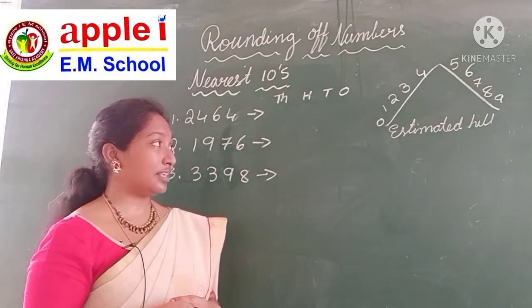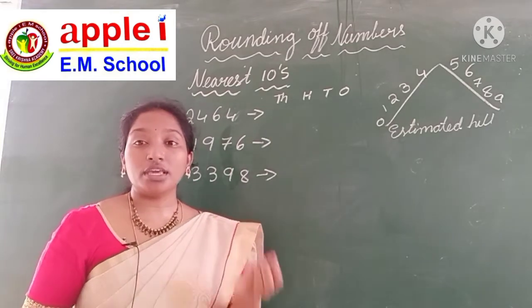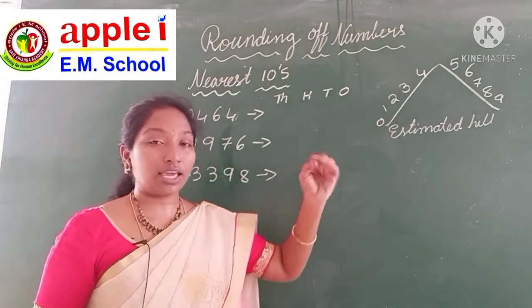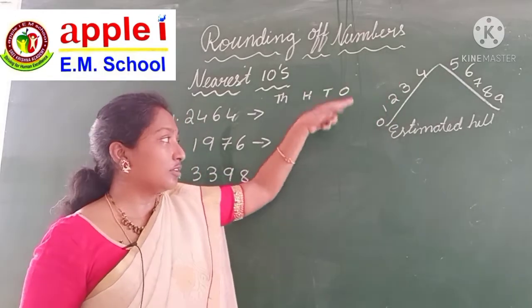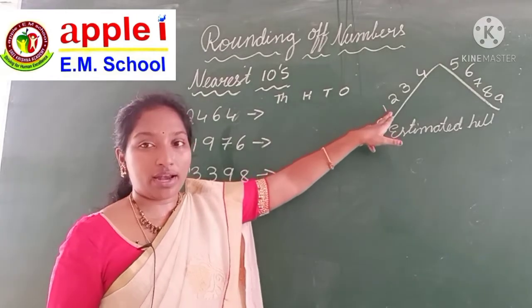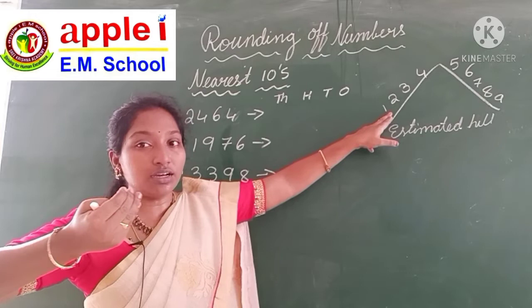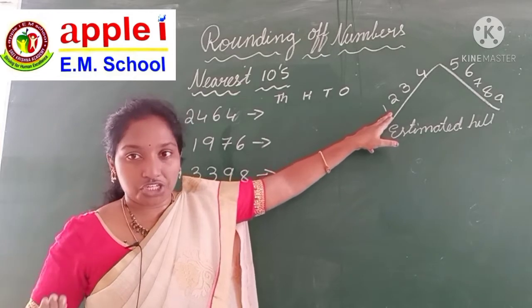Suppose you are throwing a ball, and here you are having a slant. Suppose you throw it up to 1.